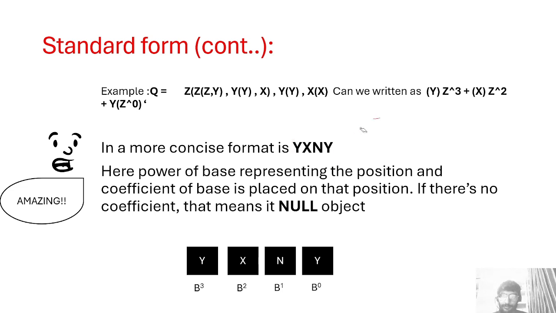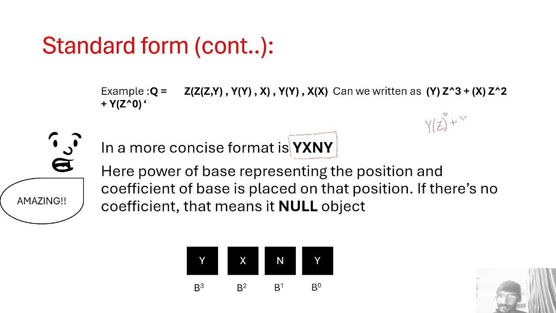You are only required to place the coefficient of the base powers. So this whole format simply represents that y is the coefficient of the base, which is z, and the position of the y is 0.